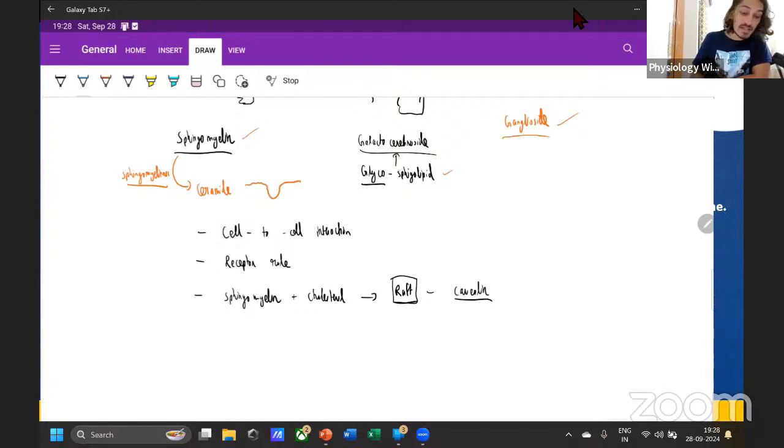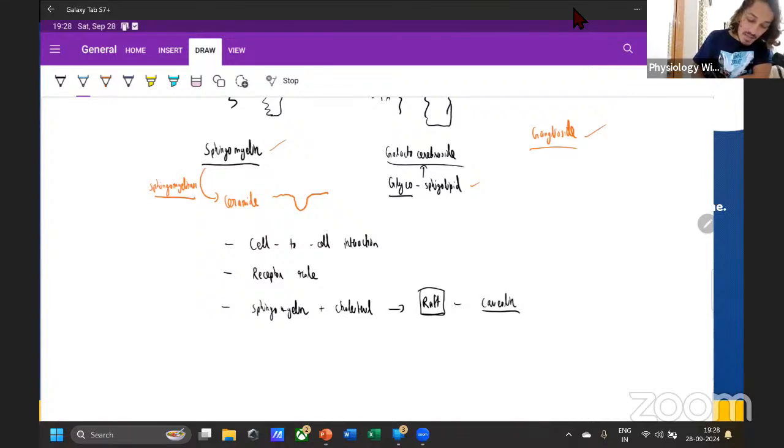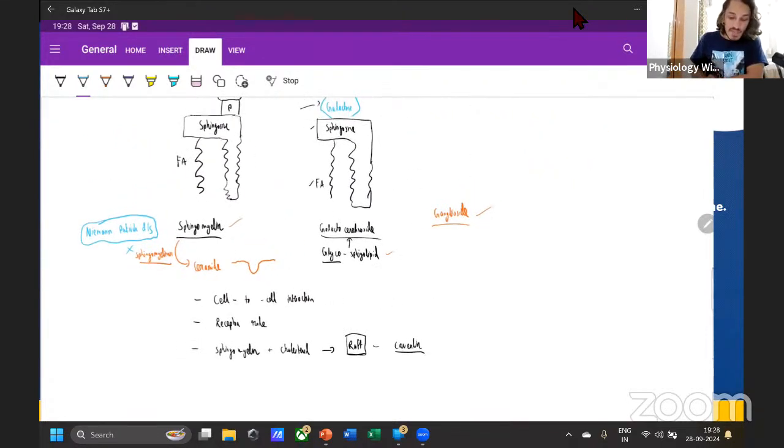There is a particular disease, a lysosomal storage disease, where the lysosome does not have sphingomyelinase. It is called Niemann-Pick disease. Okay, so there's a particular disease called Niemann-Pick disease, which happens when the sphingomyelin is not broken down inside the lysosome. Again, as I was telling you, in general, cell-to-cell interaction, receptor role.